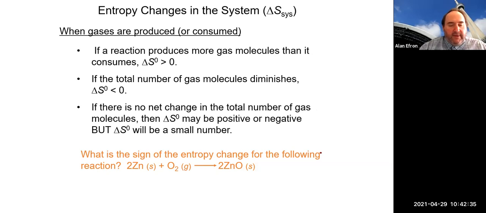So take a second here, and based on the reaction on the bottom there, would we predict the entropy change to be a positive or negative value? Applying the same approach that we were just talking about, looking on the reactant side, there's a grand total of only one gas molecule right there.